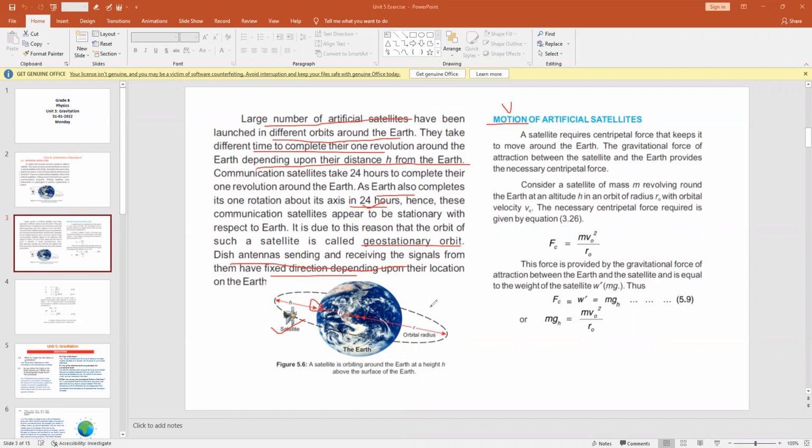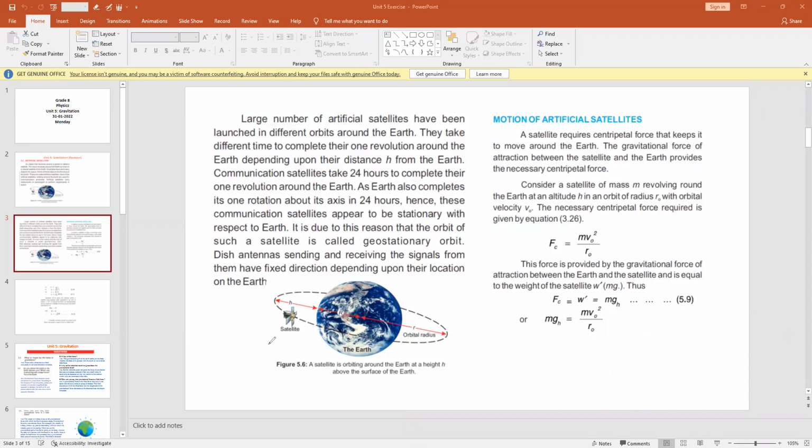Second, the law of gravitation that we learned at the start of Unit 5 is basically the attraction between two masses, directly proportional to the force of attraction and inversely proportional to the square of the distance between them.